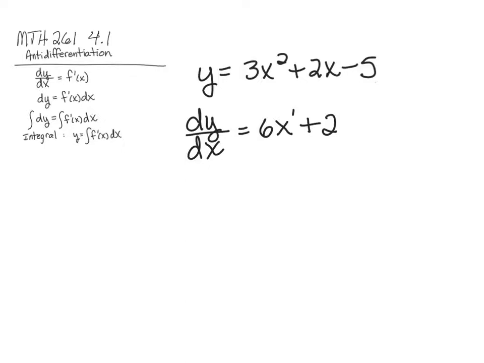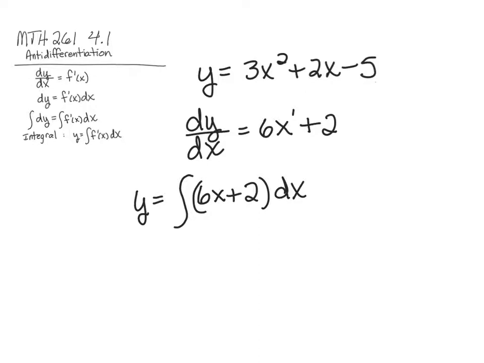Now what if we go backwards and we say that y is the antiderivative of this function, which is now the derivative of something. And we're going to go backwards.